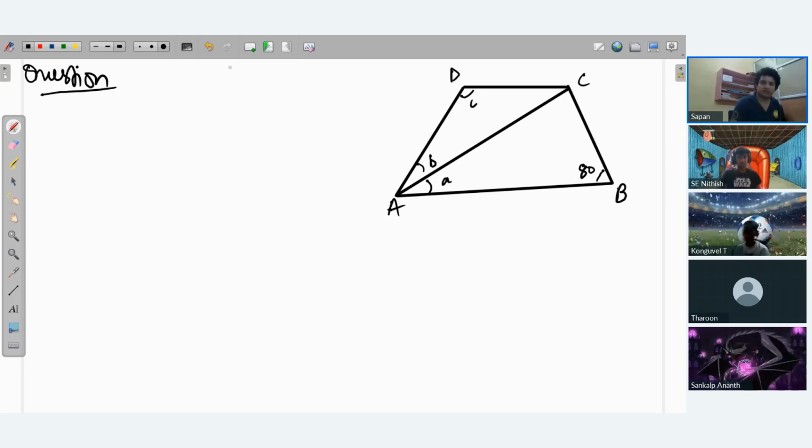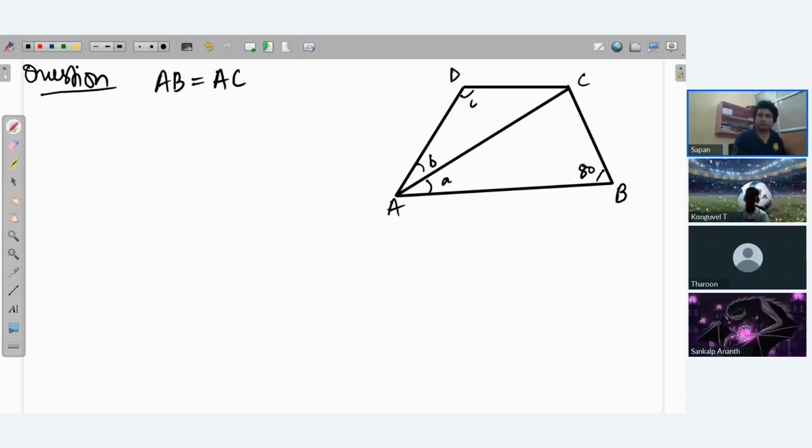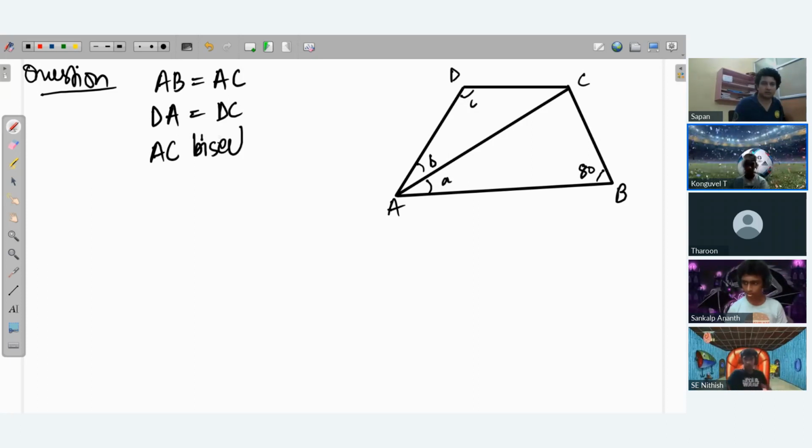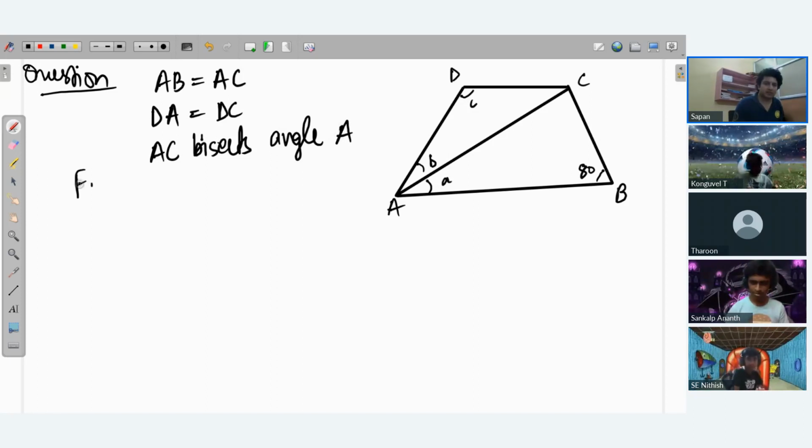What we have is AB is equal to AC, DA is equal to DC, and AC bisects angle A. Should we find ABC, sir? Yeah, find angle ABC.